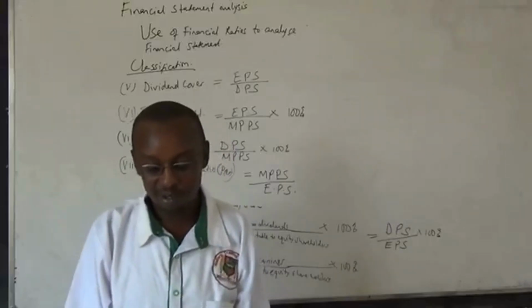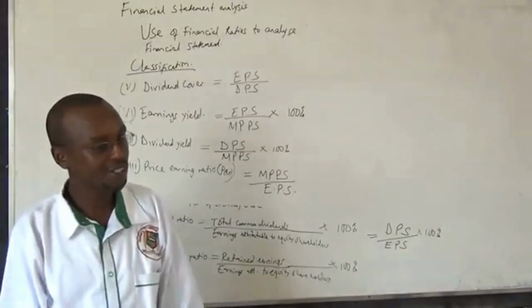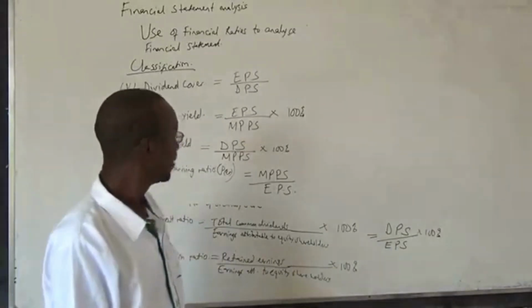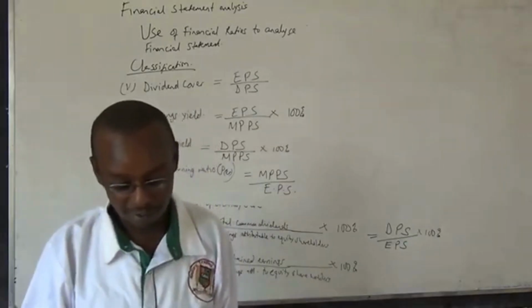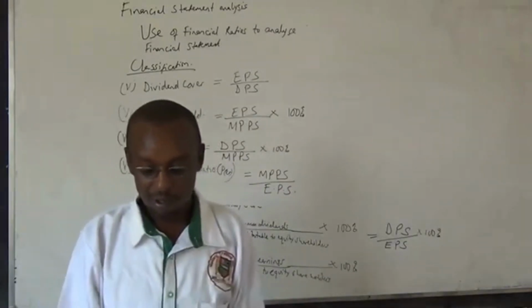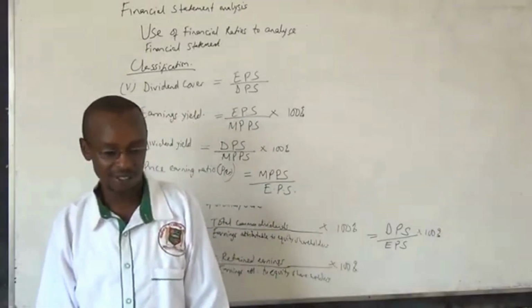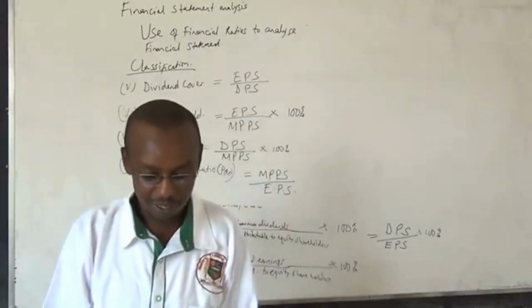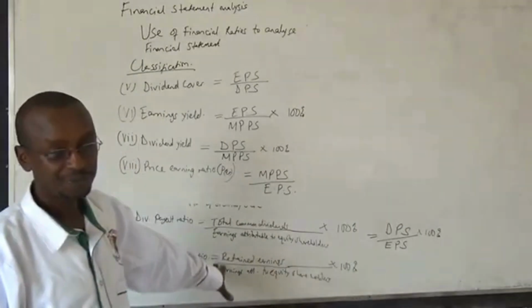Irrelevance, that's another limitation. Ratios are historical figures which may be relevant in making future decisions, right? Yeah, some of them are irrelevant. Then the qualitative aspect is ignored. Qualitative aspects such as competent management or experience and motivation of employees are not captured here.